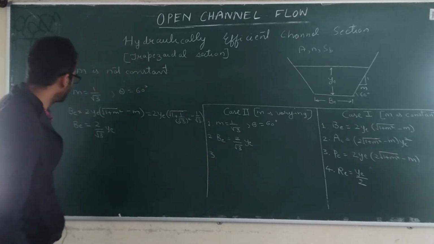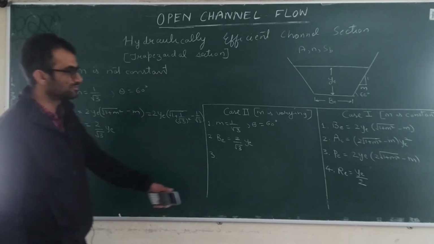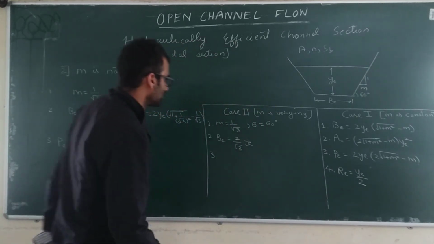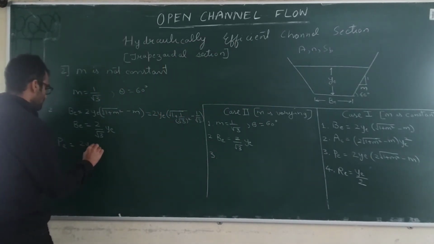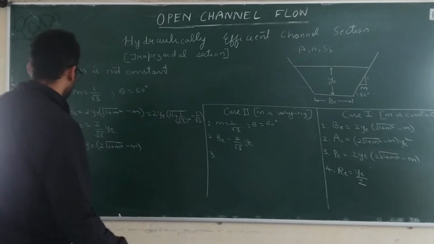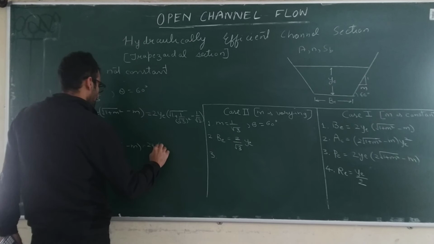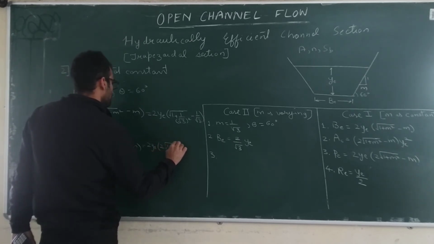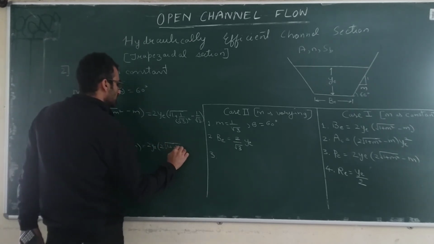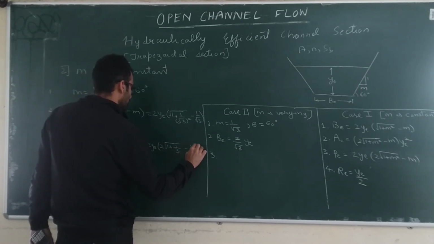Now third is your perimeter. What will be the perimeter? Perimeter is equal to twice ye into under root 1 plus m square minus m. Just put the values now. So 2 ye into 2 under root 1 plus m square, meaning 1 by root 3 square, so it will be 1 by 3, minus 1 by root 3, because m is 1 by root 3.